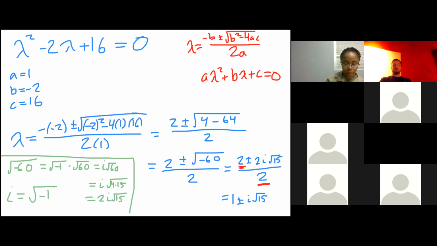So then this gives me my 2 eigenvalues. The eigenvalues are 1 plus i times the square root of 15 and 1 minus i times the square root of 15. Now, whenever you're dealing with eigenvalues, having complex eigenvalues is usually not a good sign for your matrix, but it is something you can have.